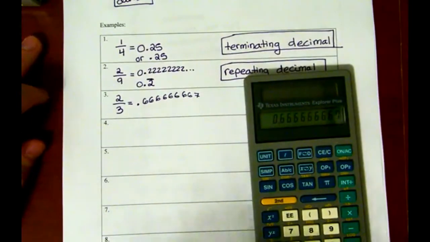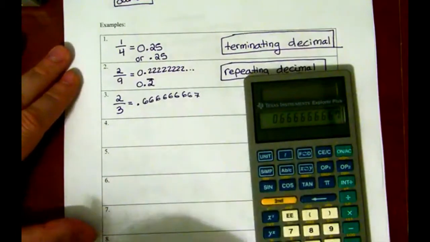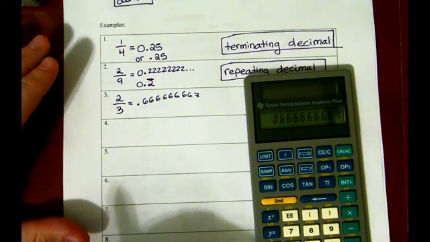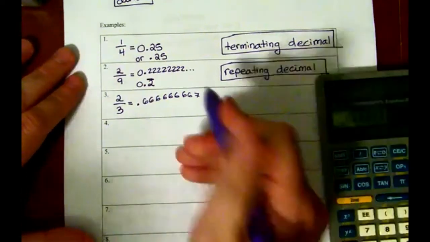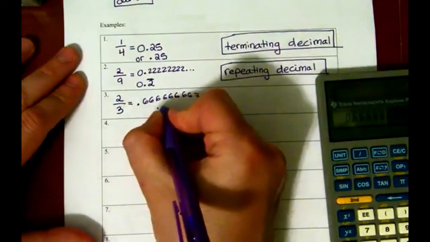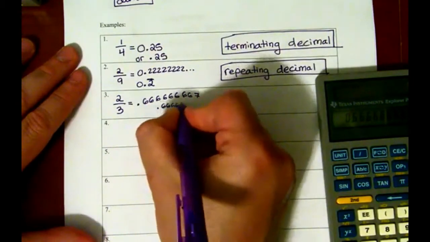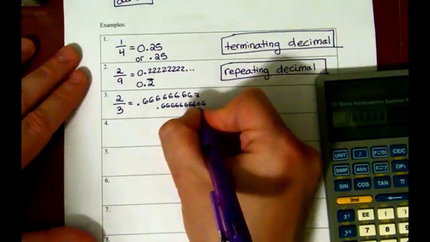Here's the trick. This does not actually end in a 7. My calculator is actually trying to be kind of smart, even though it's kind of weird that it's giving me the 7. What the calculator is doing is actually some rounding. The calculator is actually like 0.6666666 and so on. It's actually trying to round.